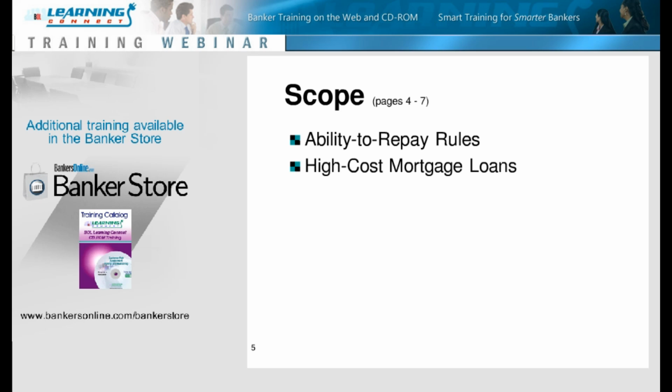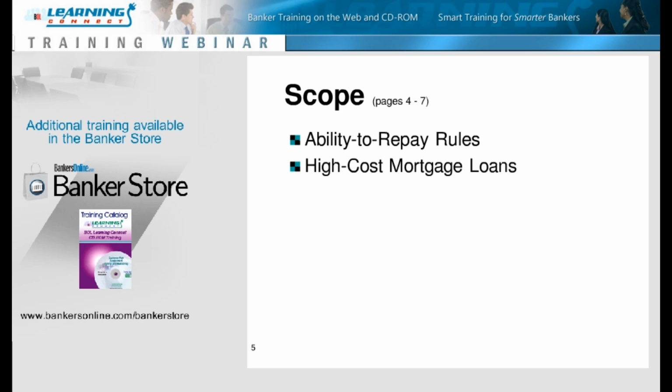And there are other exceptions for loans made by CDFIs and certain other entities that are listed on the second half of page 4 and on page 5. But what you need to know is that we're talking about closed-end consumer credit secured by a dwelling subject to those few exemptions that we've noted.